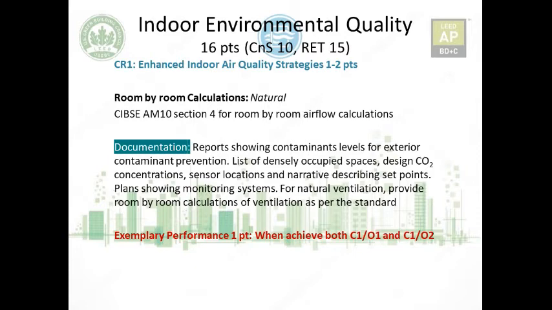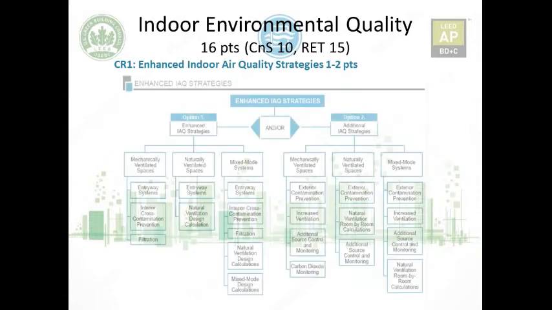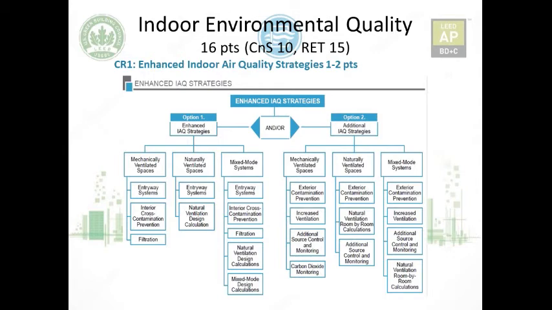An exemplary performance of 1 point can be earned if you achieve both the option number 1 and option number 2, enhanced indoor air quality and additional enhanced indoor air quality strategies. This is to put things into perspective with a flow chart.